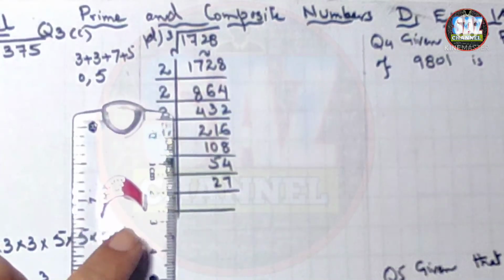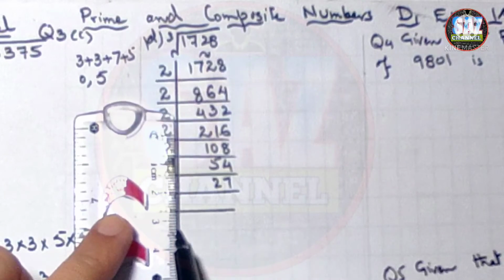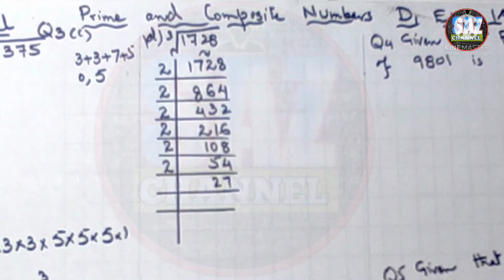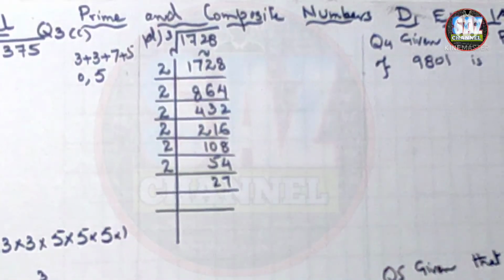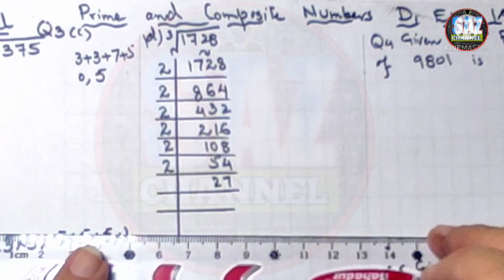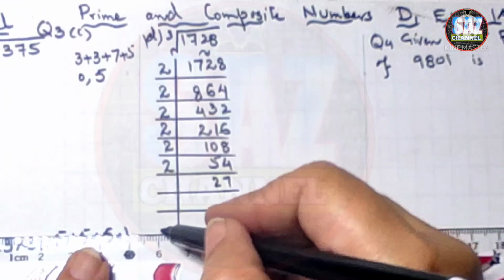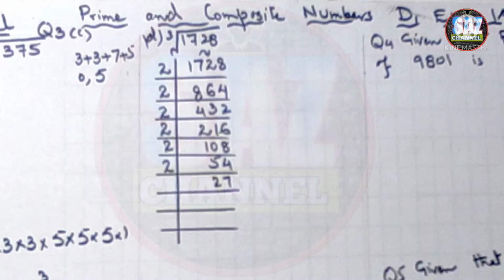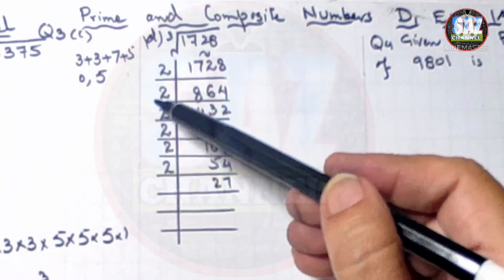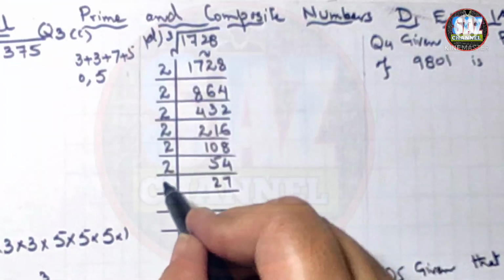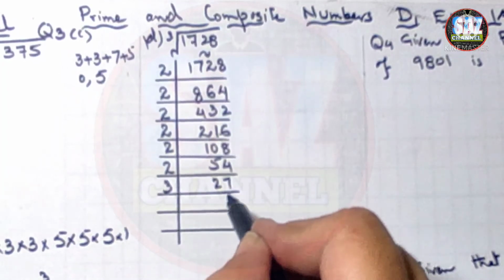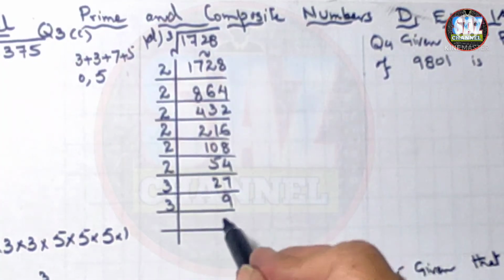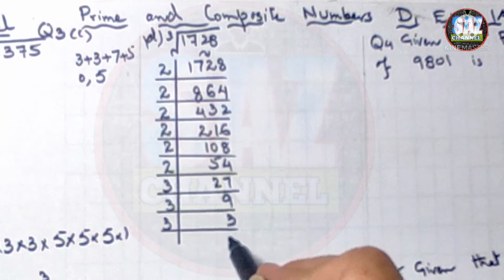Okay, now wait and think. Unit digit is not even, not a multiple of 2. So which table is suitable for this number? Okay, then after 2, the next prime number is 3. 3 9s are 27, 3 3s are 9, and 3 1s are 3.